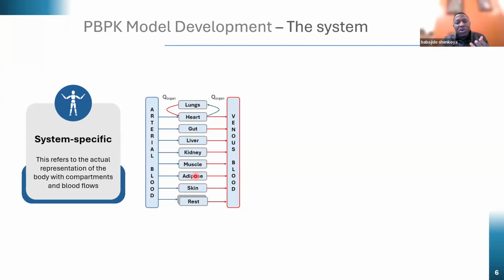The first thing that you want to know is what are the parameters that define the state of the organ? And when I say state of the organ, it's simply the size of the organ. So that is basically the weight of the organ. So what is the weight of the lung? What is the weight of the heart? What is the weight of the gut? The weight of the kidney, and so on and so forth.